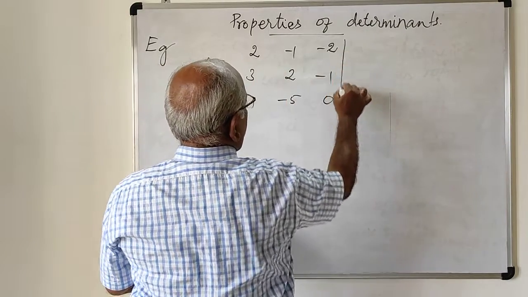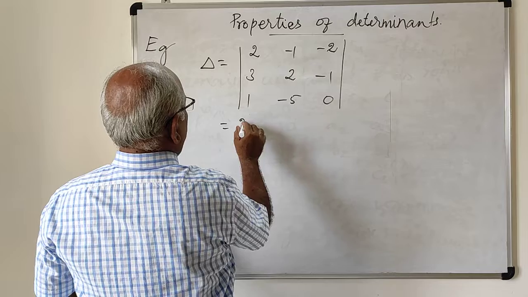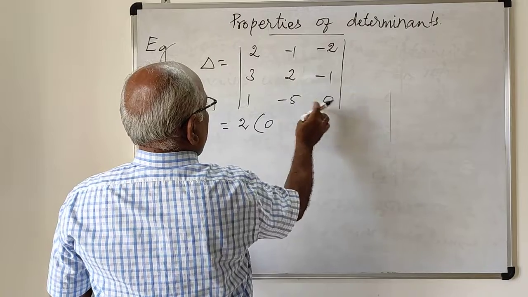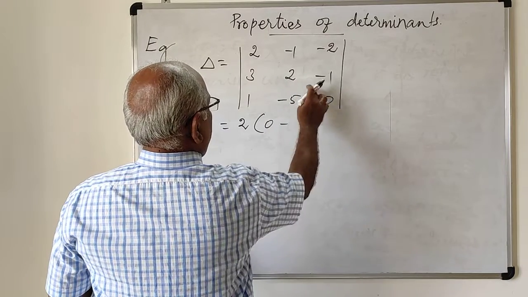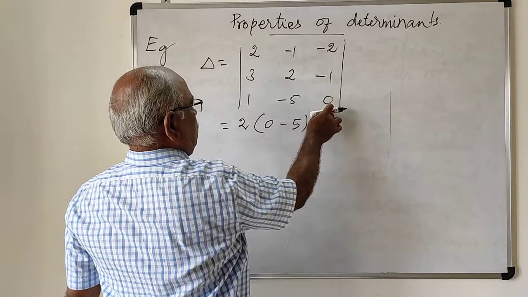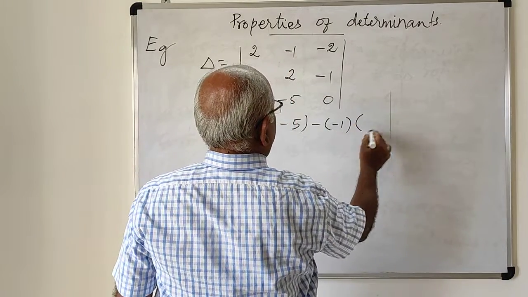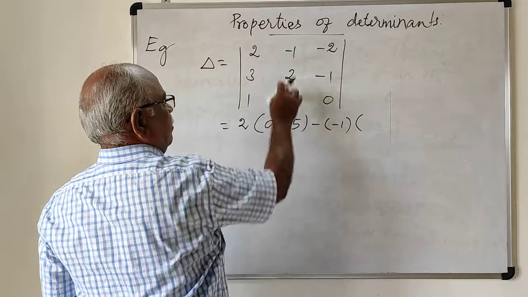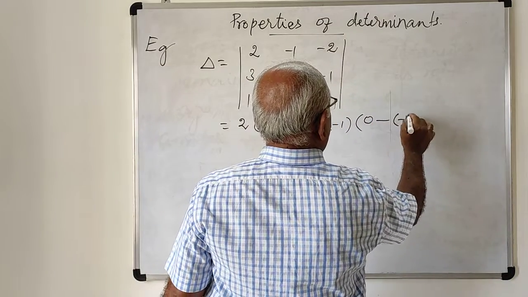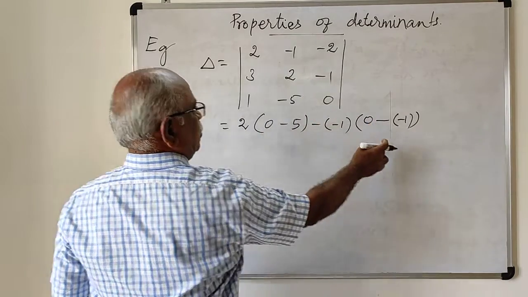You expand this, finding the value. 2 into 0, minus and minus plus 5, expanding gives minus 5. Again minus 1, therefore minus of minus 1 into 3 into 0, and 1 into minus 1, minus 1.